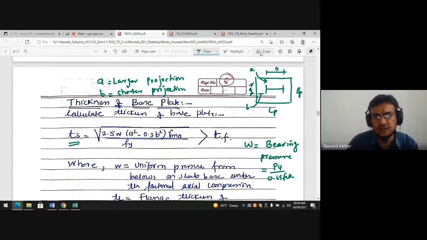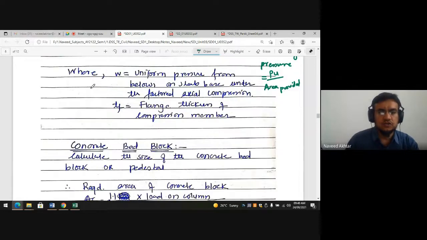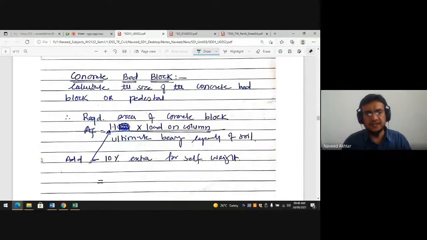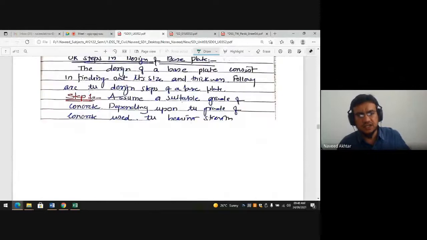You will find out the pressure: Pu upon area provided. It will give the intensity of pressure W, and putting all these values, you can find out the thickness of base plate required. So this is how you can design the base plate.